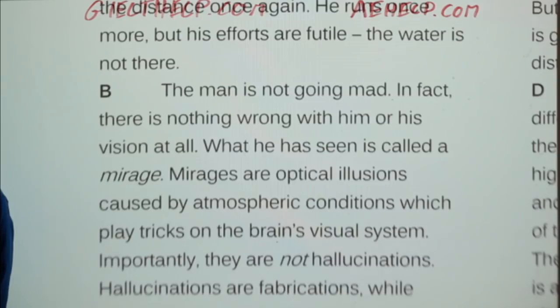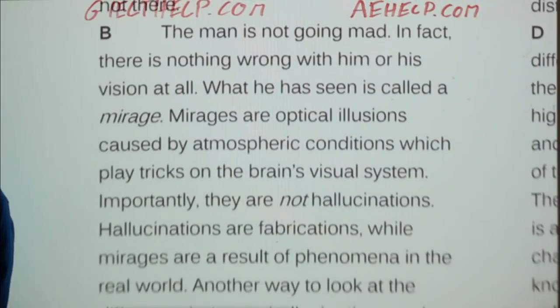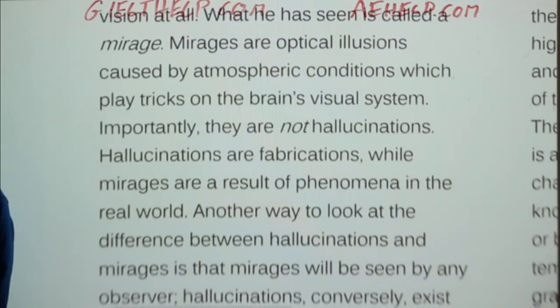The man is not going mad. In fact, there is nothing wrong with him or his vision at all. What he has seen is called a mirage. Mirages are optical illusions caused by atmospheric conditions, which play tricks on the brain's visual system. Importantly, they are not hallucinations.